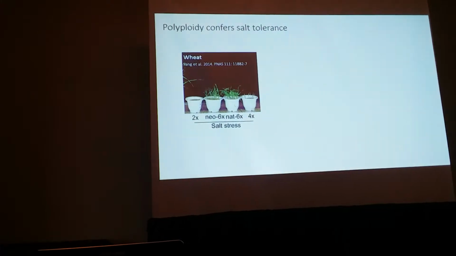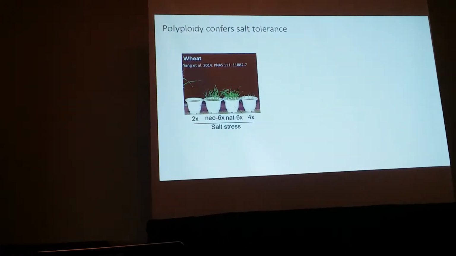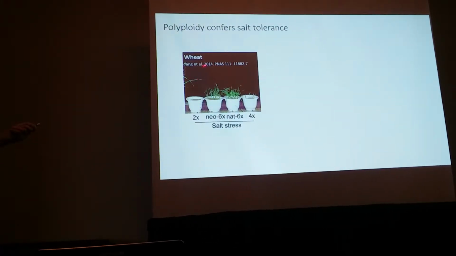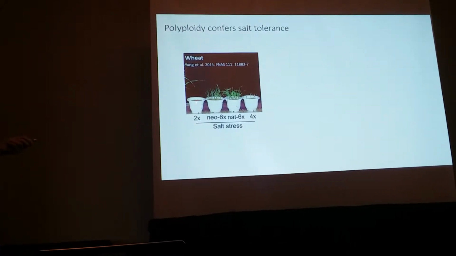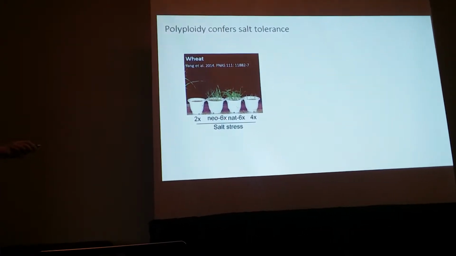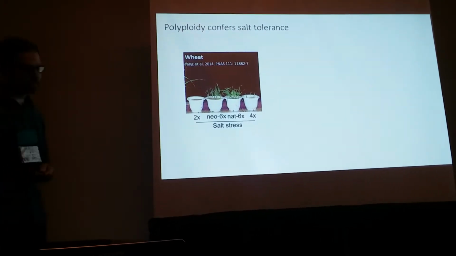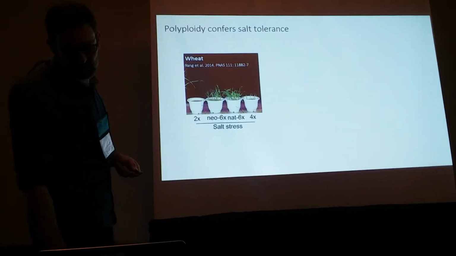Strikingly, as I said, polyploidy seems to confer salt tolerance. For example, in wheat, this study showed that growth and survival increased, going from diploid to tetraploid to hexaploid, both in synthetic and natural hexaploids of wheat. These are allopolyploids.